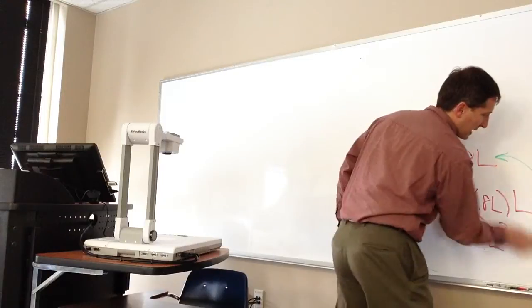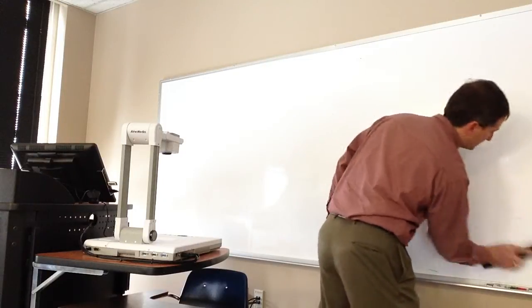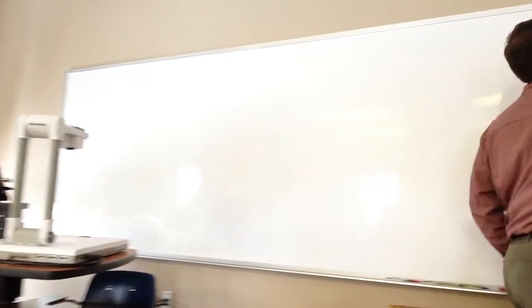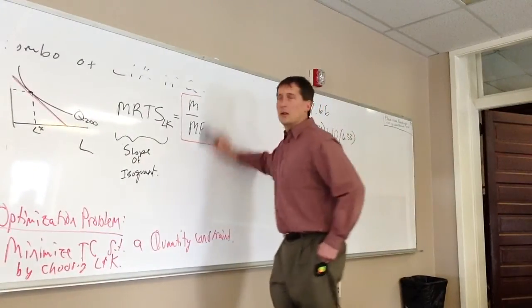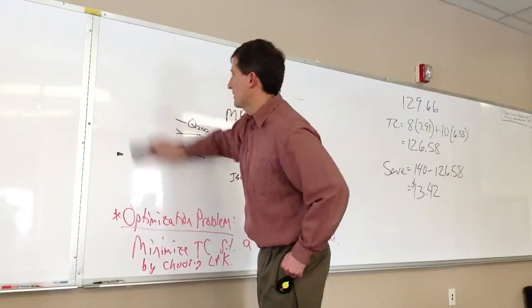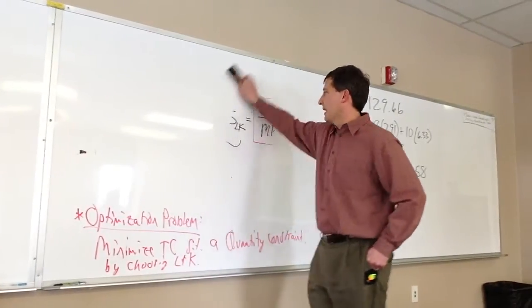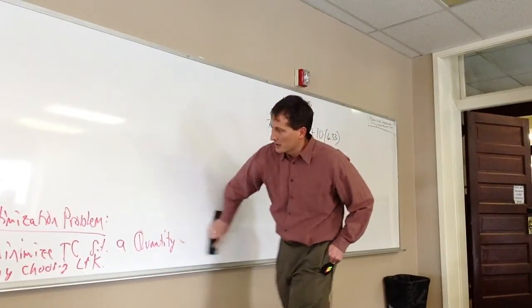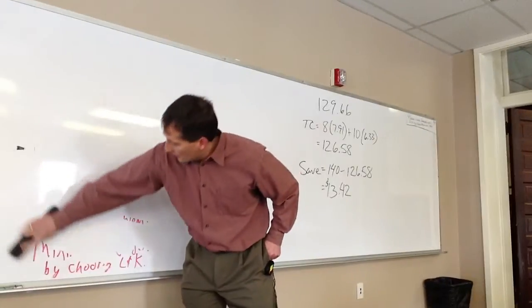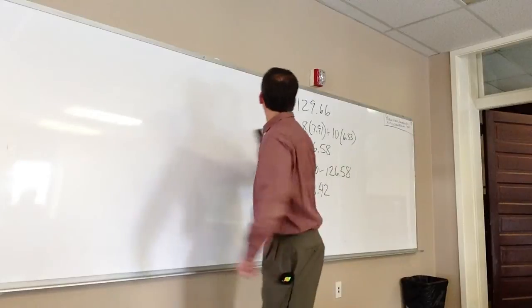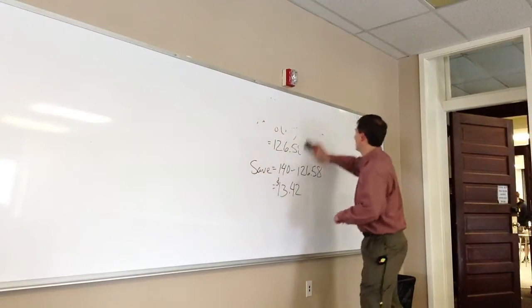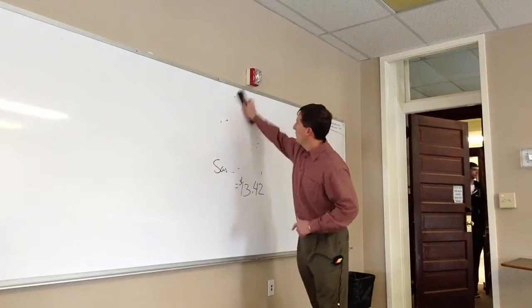Perfect competition, price taker or price maker? Price taker. What does that mean? Yes. So what the market's kicking out is what the firm is facing in terms of a price. Price of resources or price of output? Output.